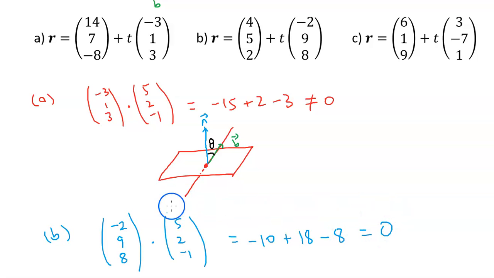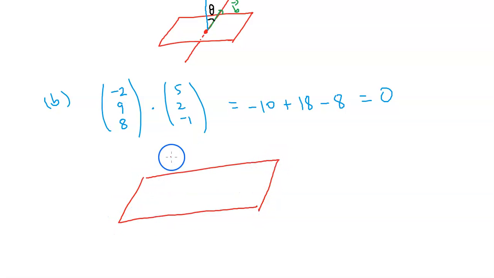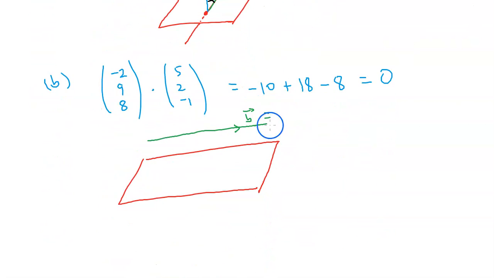So absolutely this thing is equal to 0. So that means it is parallel to the plane, but it could be either inside the plane or it could just be parallel to the plane. So the line could be floating above with direction vector b equals (-2, 9, 8).